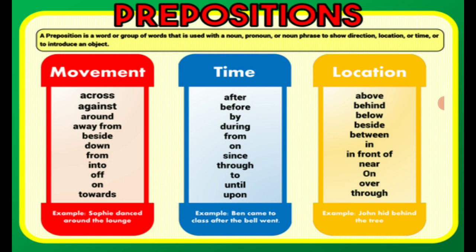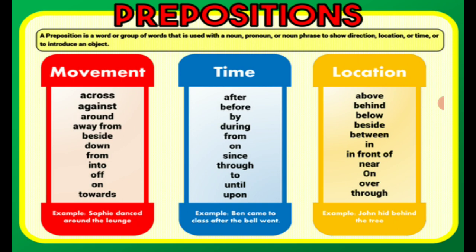The third category is the preposition of place, which means location, and the prepositions are above, behind, below, beside, between, in front of, near, on, over, through. These indicate the preposition of location or place, or we can say the position.